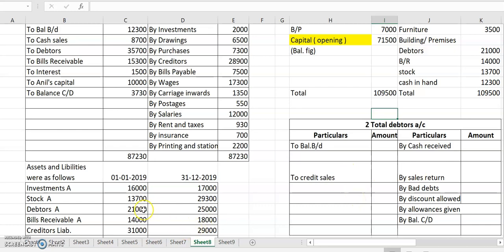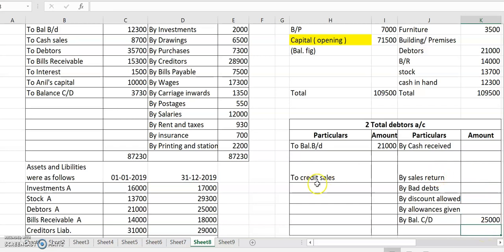First, we have to find the opening balance of debtors, which is recorded as 21,000, and 25,000 as a closing balance, that is the balance carried down for the debtors account. So both 25,000 and 21,000 are given, and we directly record them under these headings.